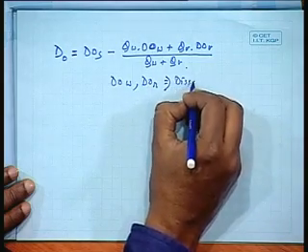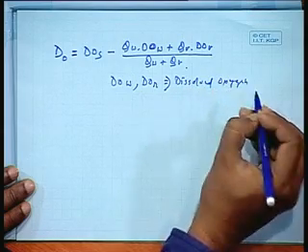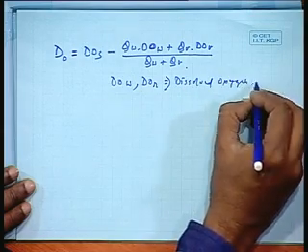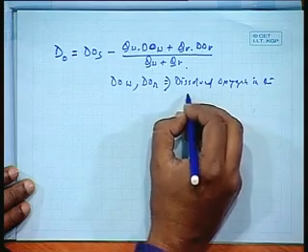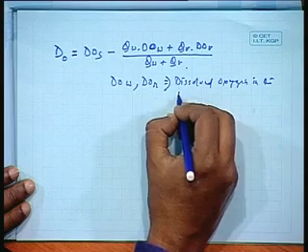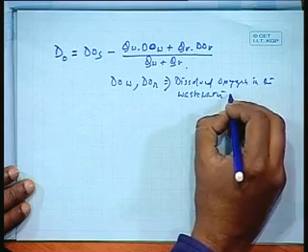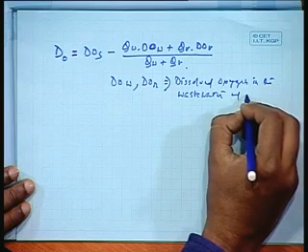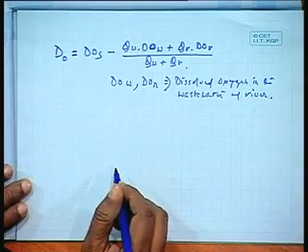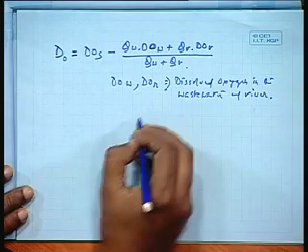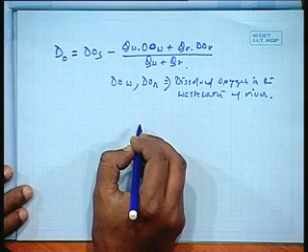DOW and DOR are the dissolved oxygen in the wastewater and the river or stream, whichever we write.